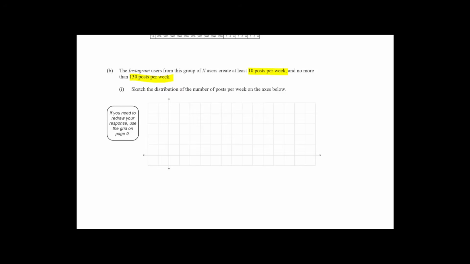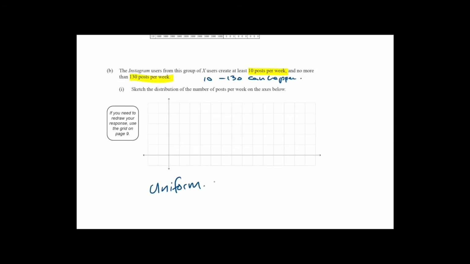It's not going to be binomial or Poisson. It's also not going to be normally distributed because we're not given the mean or standard deviation. It cannot be triangular distribution because we don't have the most common. It implies that anywhere between 10 to 130 can happen, and that would tell us that this is a uniform distribution.